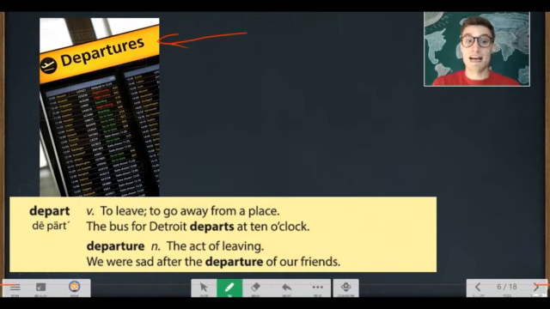Now, this tells you at what time which airplane or train leaves. So if you ever take a flight and you want to know what time it leaves, go to the departures board and you'll see what time your flight leaves. And your departure time will be on your ticket as well. You'll read it on that.